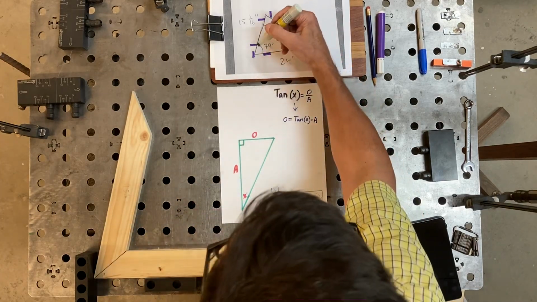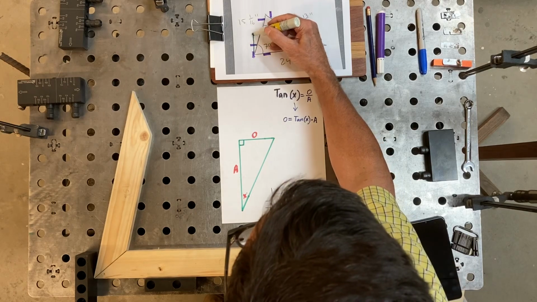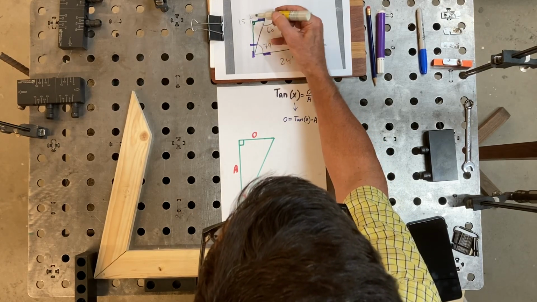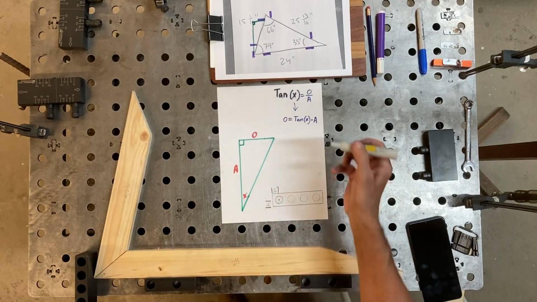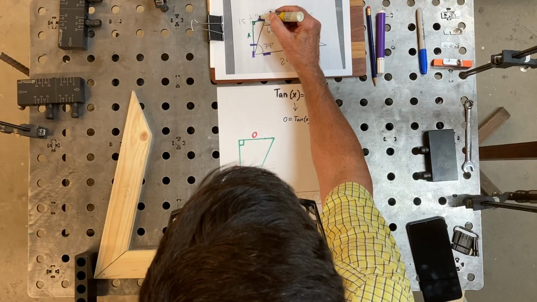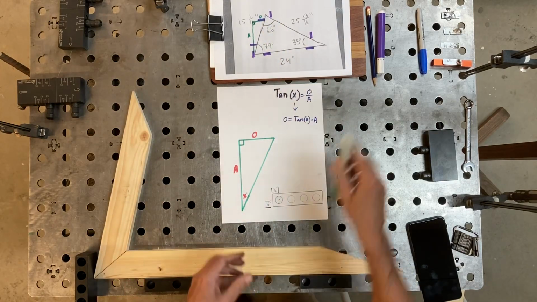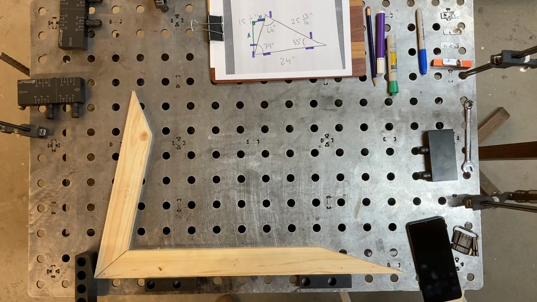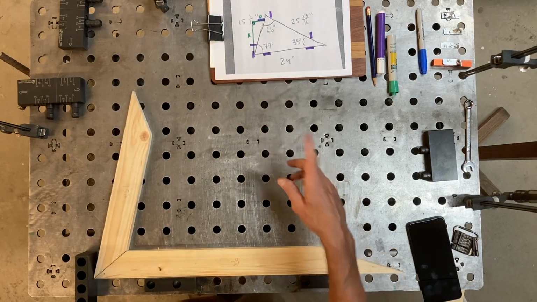Using the same one, we're going to draw a line straight up and straight out from our fence block. And that's a 90-degree angle. And we're looking for A and O.